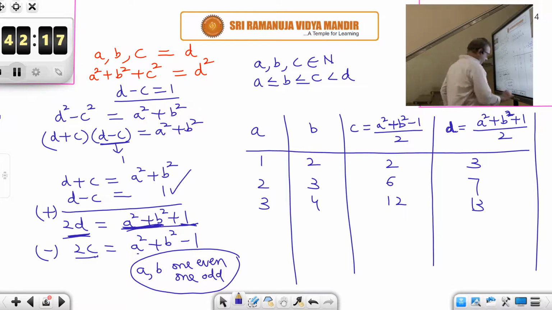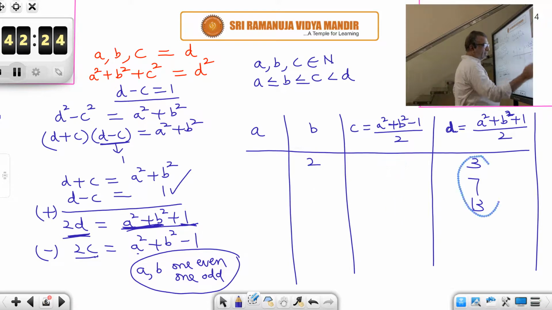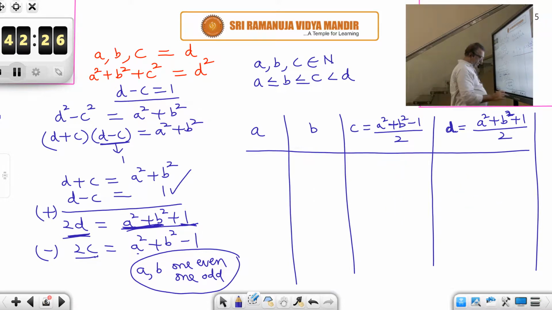But let us get different numbers, not the numbers in the list. Not consecutive natural numbers: A I have taken 1. B, don't take 2, but take some other even number, because one must be even, one odd. Already 1 is odd, so B must be even. So let us take 4.